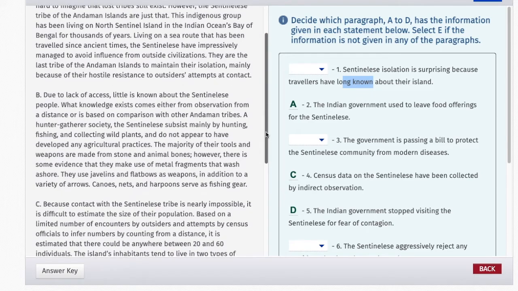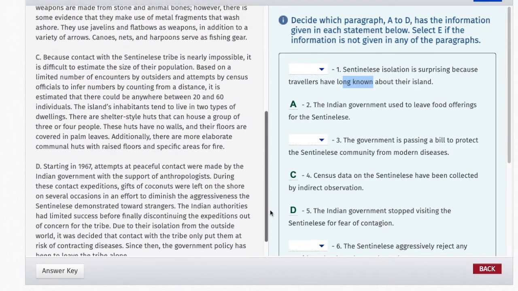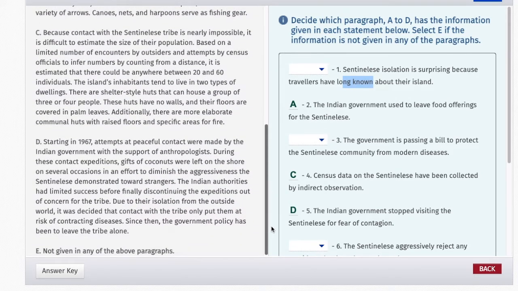Also, I see in here gifts of coconuts. Maybe that connects to leave food offerings. So we need to try to connect. That is what is meant by keyword search.